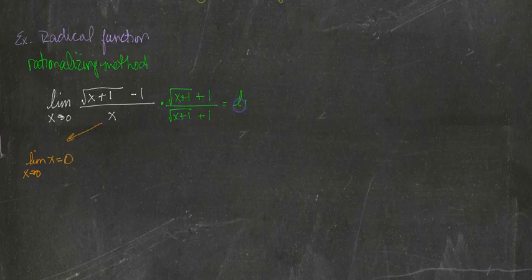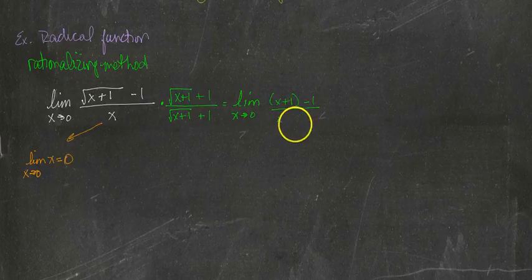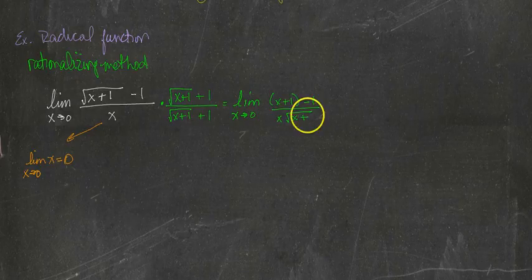So that would be the limit as x values approach 0 of, square the first terms, I just get x plus 1 back because the square root squared, and then minus square the second terms, which is minus 1, over x times the multiplicative conjugate, the square root of x plus 1 plus 1.